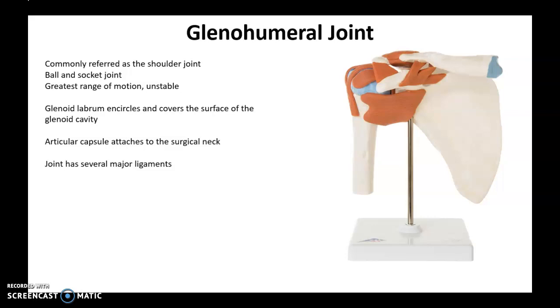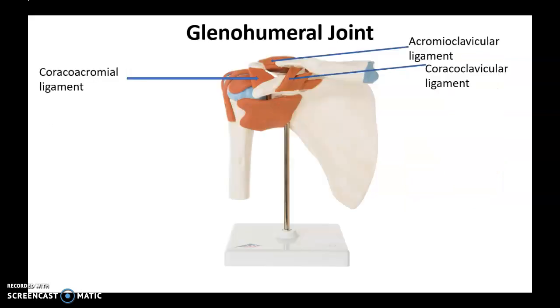And the glenohumeral joint has several major ligaments. And we will look at these ligaments now. Okay. The first one is the coracoacromial ligament that extends across the space between the coracoid process and the acromion.